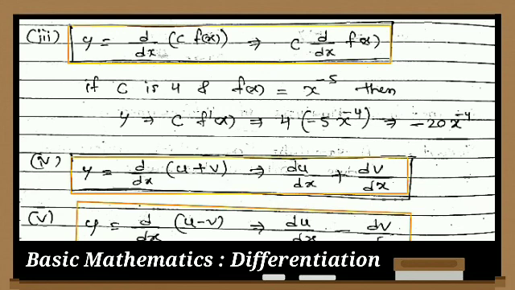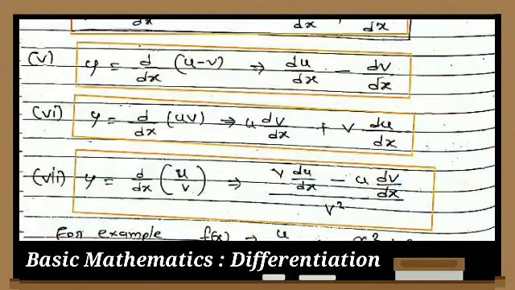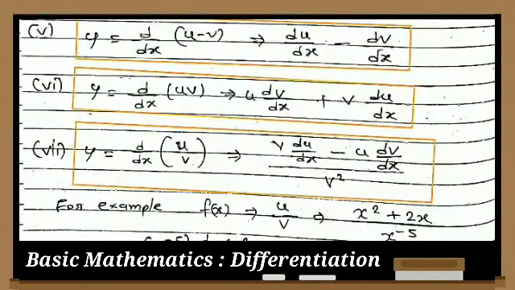Okay, the fifth is y equals d upon dx of u minus v. In the previous one there is u plus v, and in this formula there is u minus v, so we can write du by dx minus dv by dx.